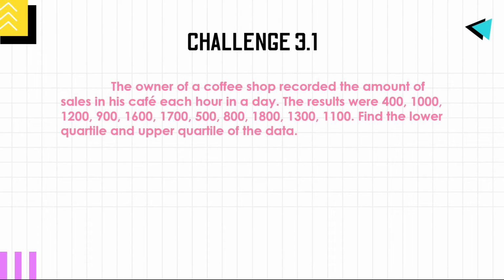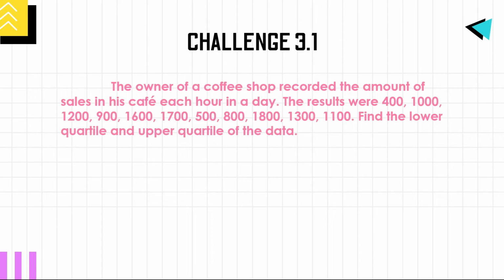Alright, now for our challenge 3.1, this is still under challenge PP. Now let's try some exercises for us to further apply what we have learned from the discussion above. The owner of a coffee shop recorded the amount of sales in his cafe each hour in a day.